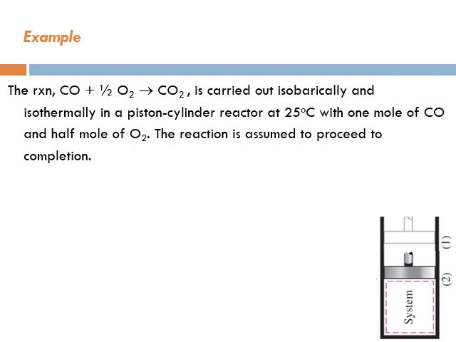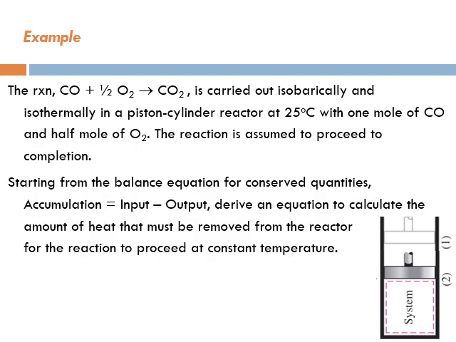As you see, 1.5 mole of reactant goes to 1 mole of product. So the total number of moles is decreasing, therefore the volume will decrease as well. That's why you see that the piston has come down as the reaction proceeded.